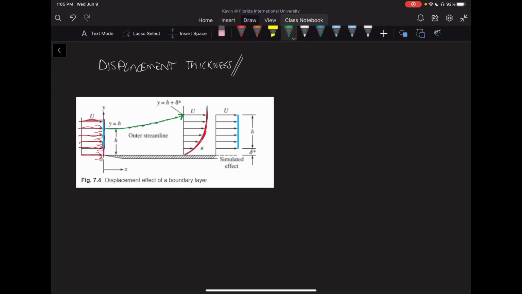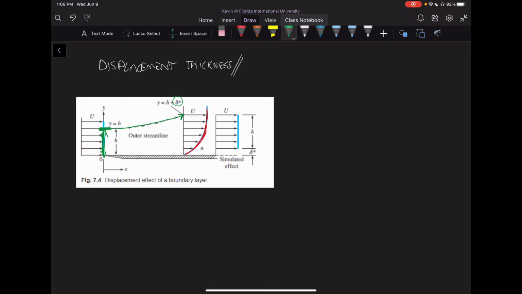And they realized that this height of the flow actually increased by d star. Okay, now what is the reason for that happening? So we have an initial flow that we can say has a height h, so we're going to assume that the initial flow comes in through a height h.